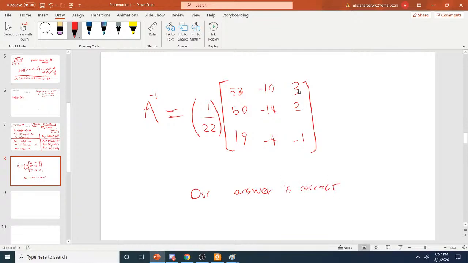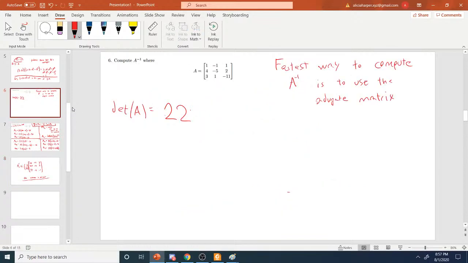So that is how you can use the adjugate matrix to solve the inverse. The alternative method to finding the inverse would have been to write down the augmented matrix 1, -1, 1, 4, -5, 2, 3, 1, -11, and then you put an augment of the identity matrix.